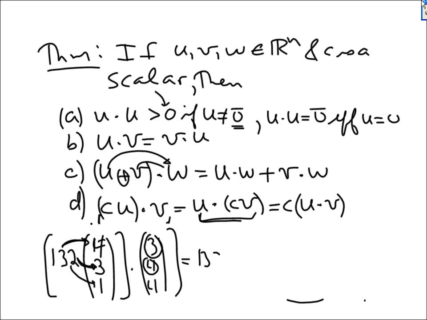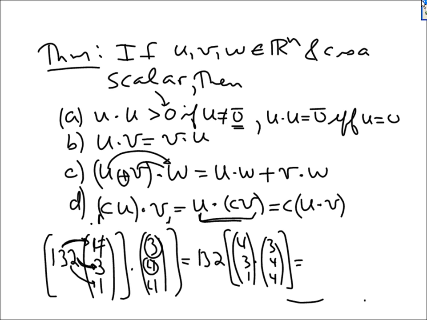We can say, wait, we'll deal with the 132 at the end. Let's dot these two vectors and multiply the result by 132. You get 12 plus another 12, that's 24, plus 1 times 4 is 4, that's 28. So now you just have to do 132 times 28, and you work that out.